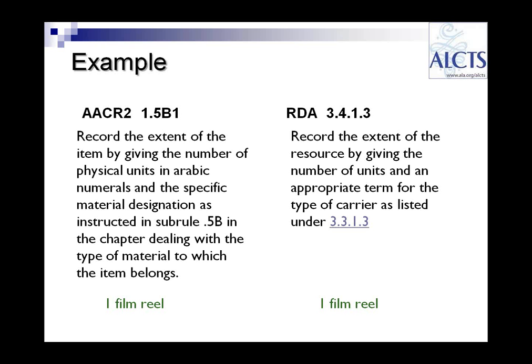Whereas in ACR2, we're talking about number of units but specifying Arabic numerals, and also using the term specific material designation. So RDA doesn't use that terminology and introduces the terminology of carrier. So we have instructions that are obviously similar to ACR2, but they have been reworked, reshaped, rechiseled to fit in the new framework.